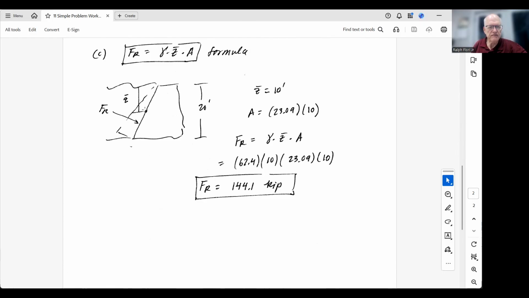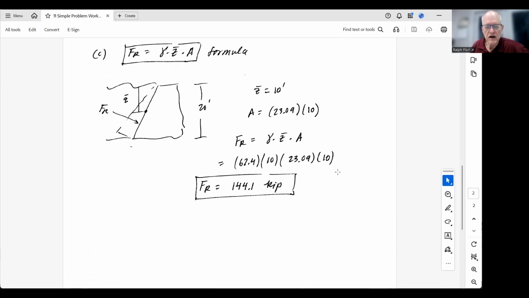So Z bar is 10. Area of this plate is 23.09 times 10 into the board. So my FR is gamma times Z bar, which is 10, times the area, which is 23.09 times 10. And so FR is 144.1 kip.